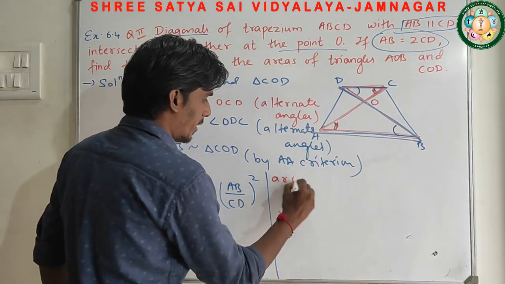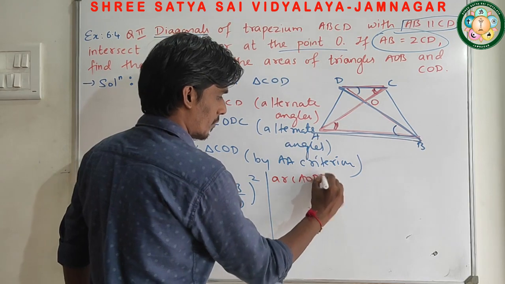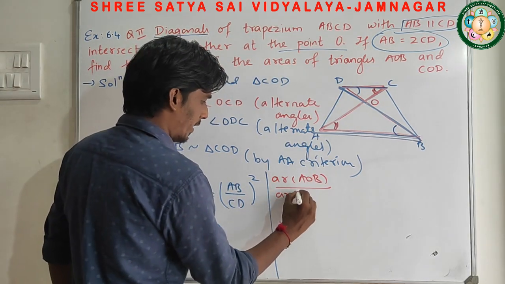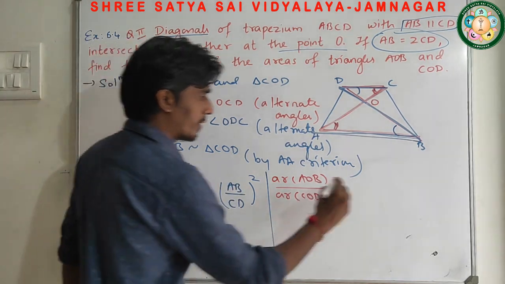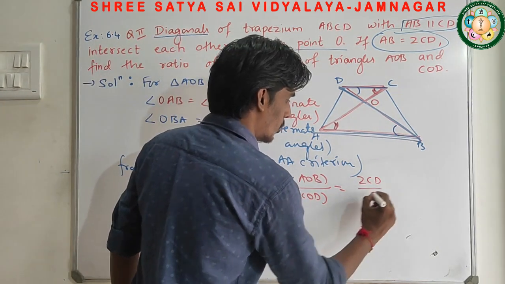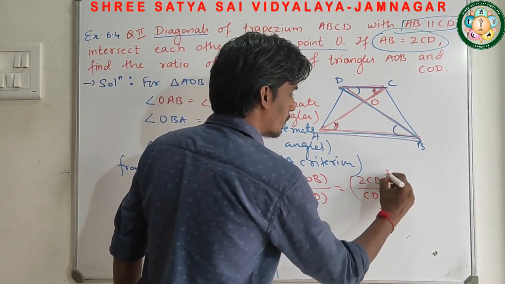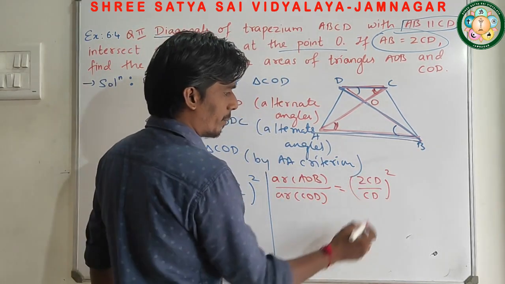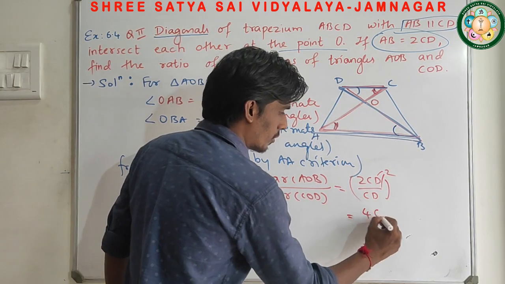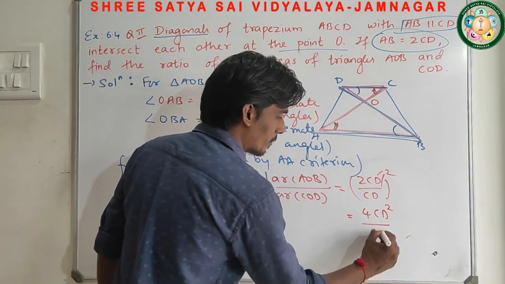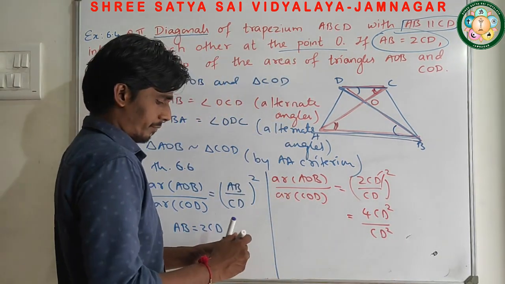So area of AOB upon area of COD. Now instead of AB I am going to write 2CD upon CD whole square. Now applying the square to both numerator and denominator, it's 4CD square upon CD square.